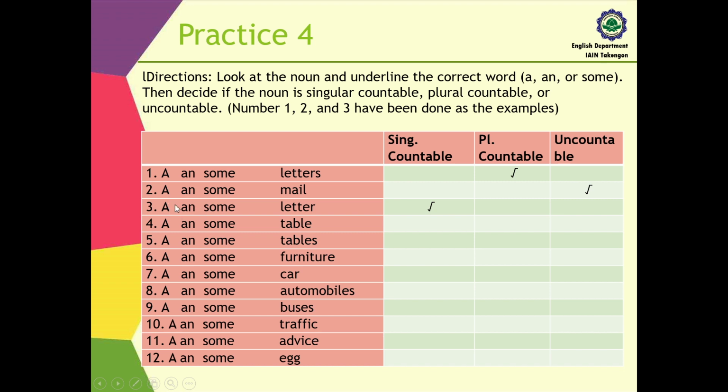How to answer this? Look at the first letter of this word. It has L, and this is a consonant. If it is a consonant, we use a. So the answer in number 3 is a letter. This is included in singular countable, so we put a check here.